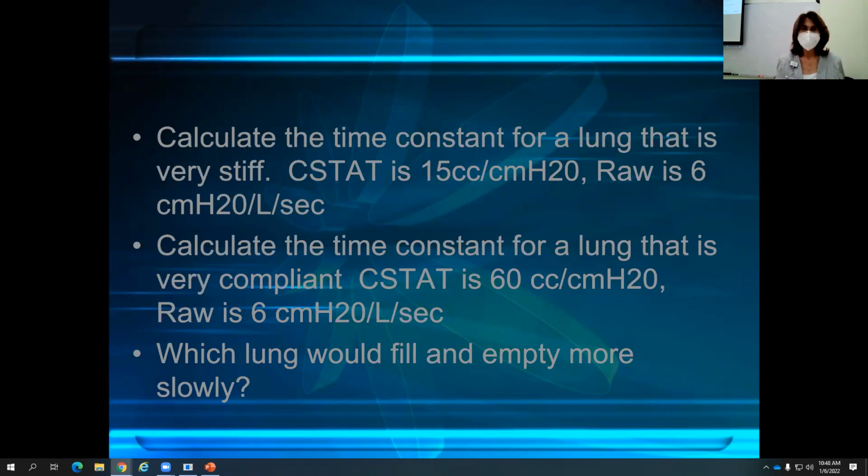A longer time constant tells you it's going to take longer to fill and longer to empty. Tejan, very good. The second one. So Brent, the first one is going to be a quick fill and a quick empty, because we got a short time constant for that.